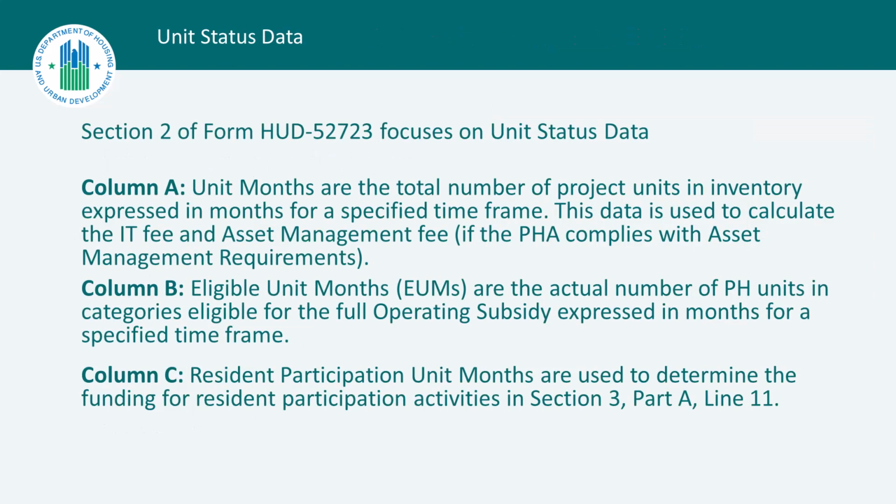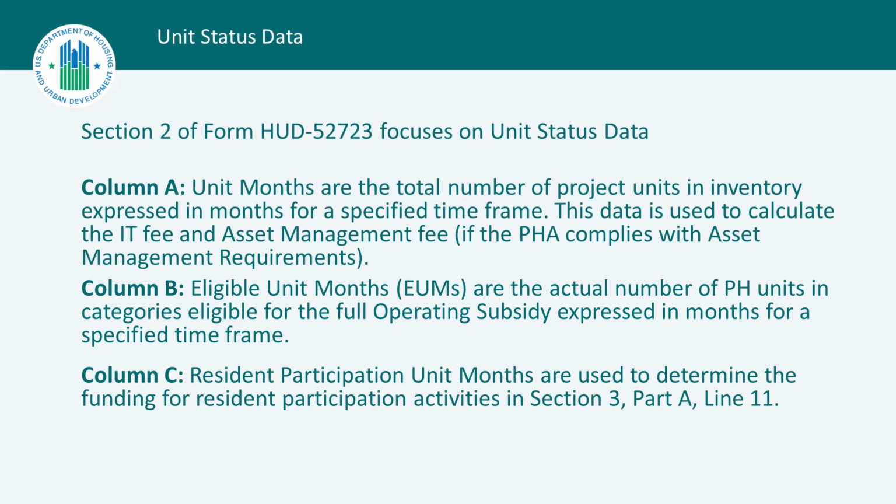Unit status is an important variable in calculating operating subsidy eligibility, and Section 2 of Form HUD 52723 focuses on unit status data. Column A of the form addresses available unit months, which are the total number of project units in inventory expressed in months for a specified time frame.